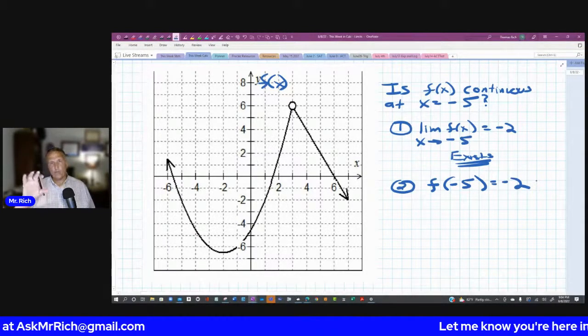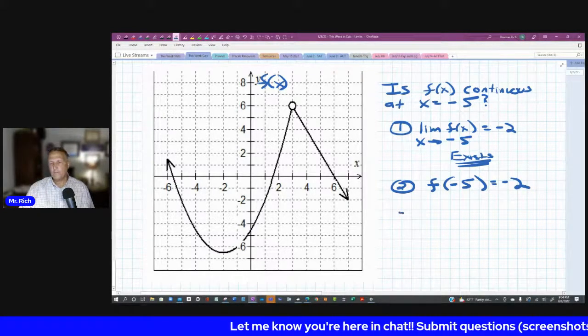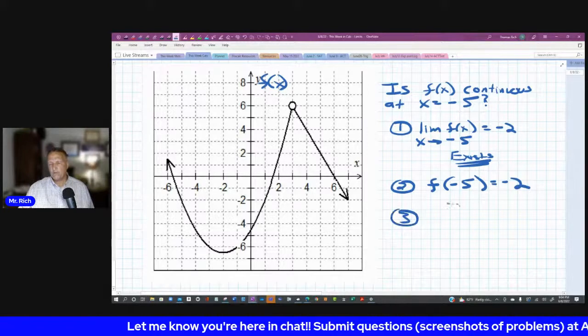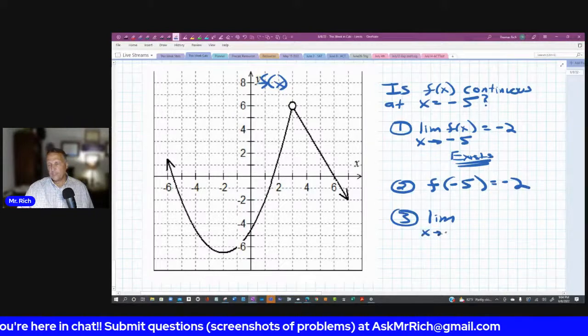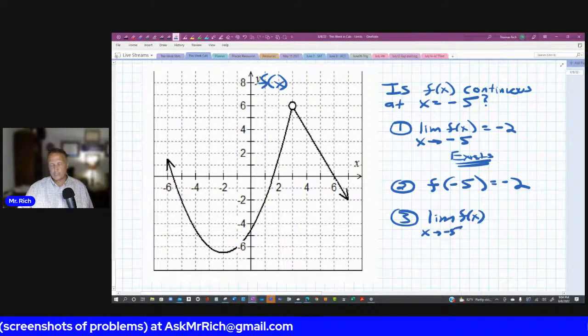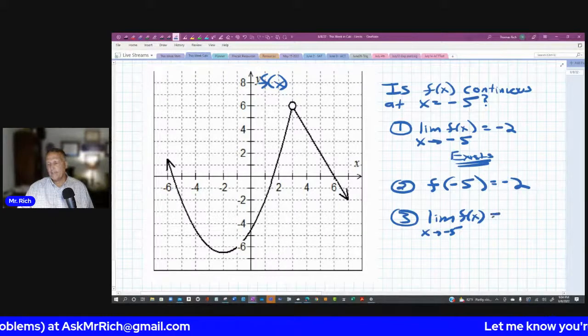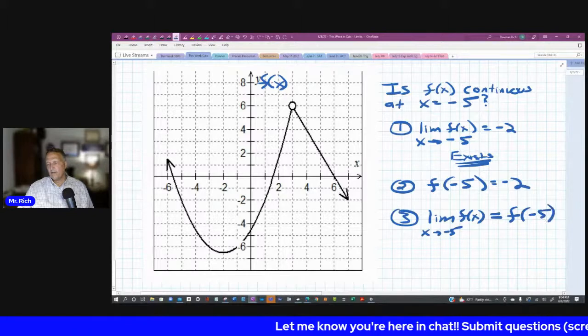All right, all three of those things that I showed you have to be true for the function to be continuous. And number three, it is true that the limit of my function as x approaches -5 is equal to f of -5.